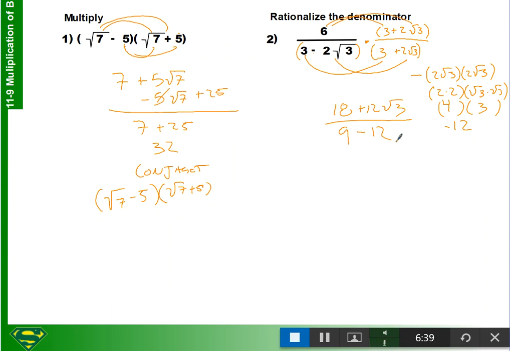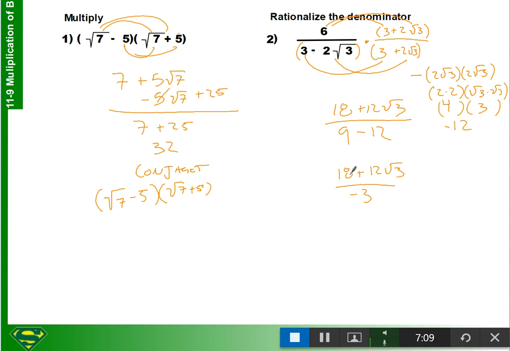Well, at this point, I can combine the similar terms. Well, what is 9 minus 12? Well, 9 minus 12 is just negative 3. And so we have 18 plus 12 times the square root of 3. Now, you may notice that 18 and 12 both share a factor of 3. So I do need to reduce this fraction. So this problem is a little bit more complicated in that respect.